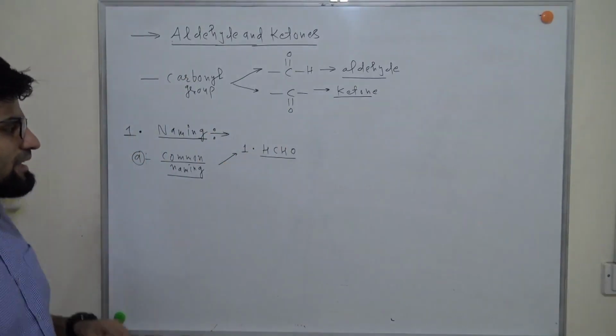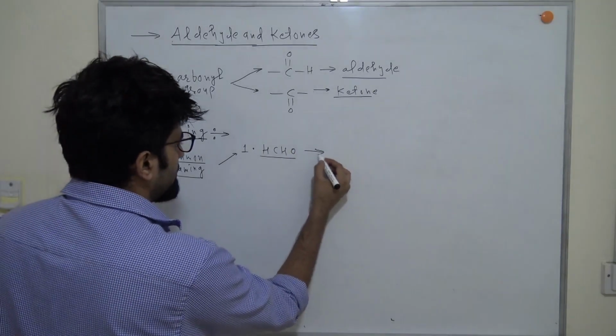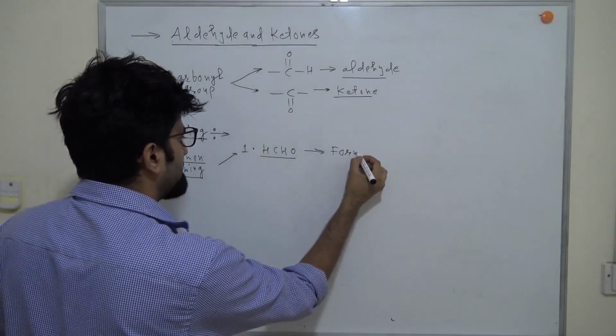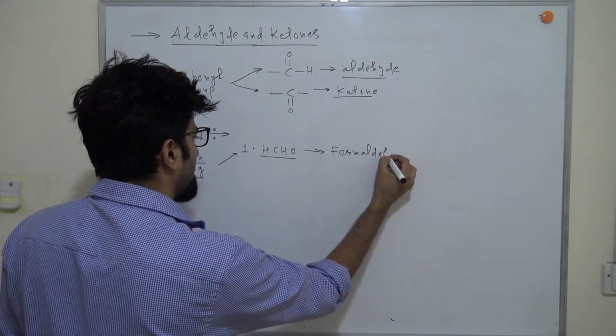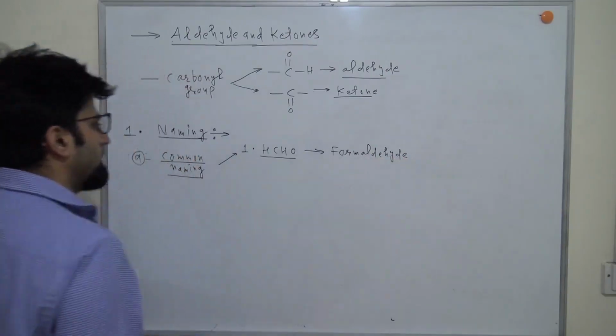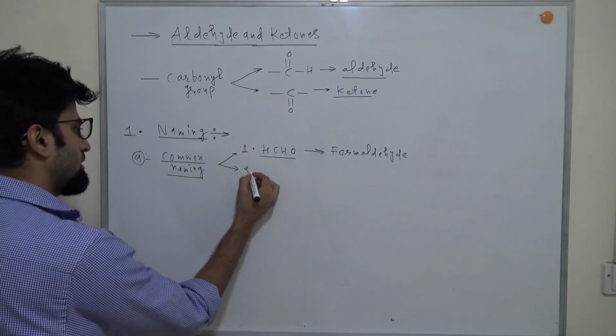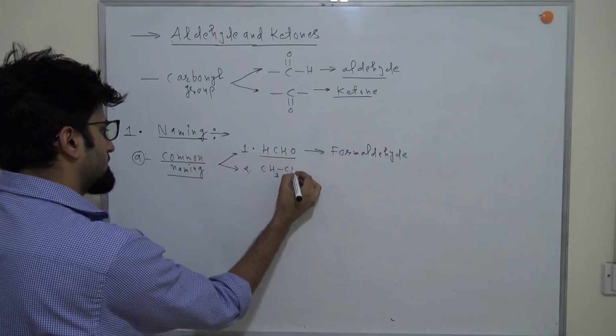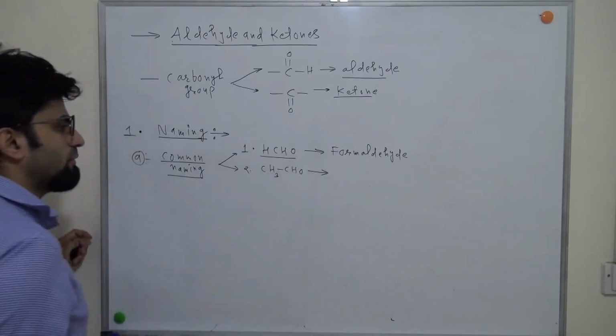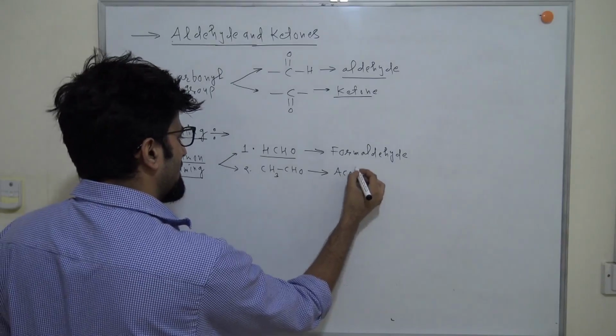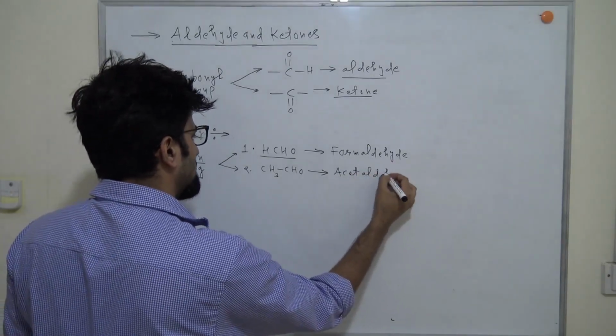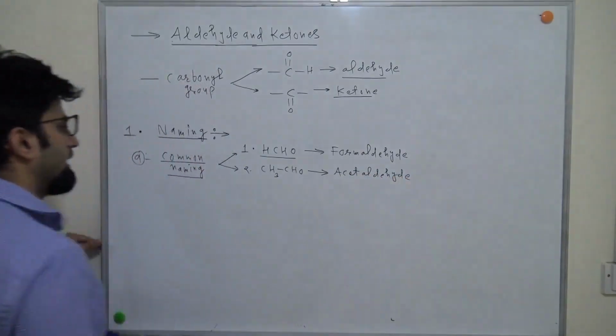If I write HCHO, a one carbon aldehyde, its name is formaldehyde. And the common name of CH3CHO is acetaldehyde.